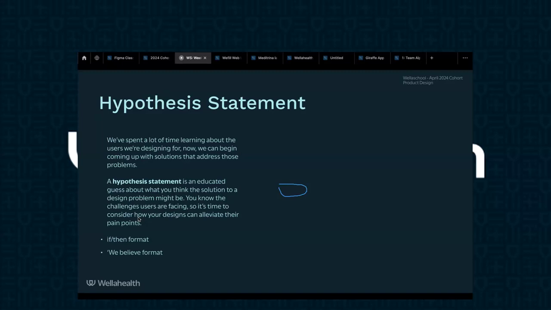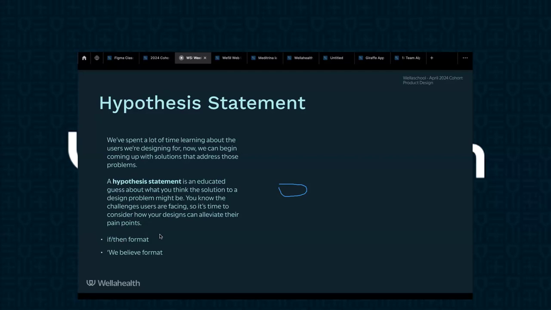Know that you've not come up with a solution now. You are now starting to think of, what if we do this? This might happen. If we do this, that might happen, right? So that's why you're using the if and then format. So if we do this for the user, then this will happen. For instance, if we give John light, then John's child will start to write and pass an exam, right?